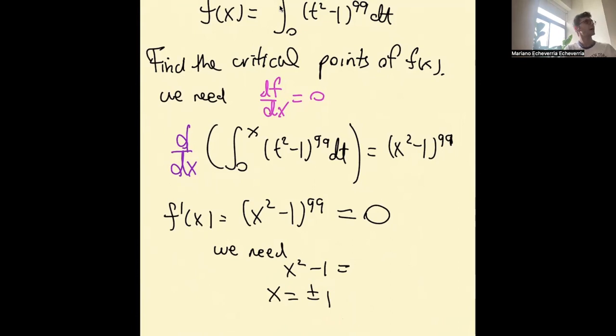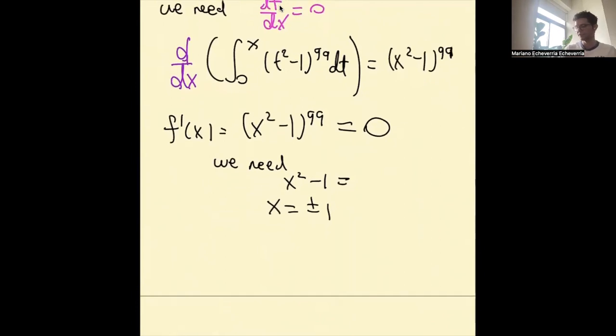In fact, we can do an extra part to this question, which would be to classify these points, right? So are these critical points local maxima or minima?